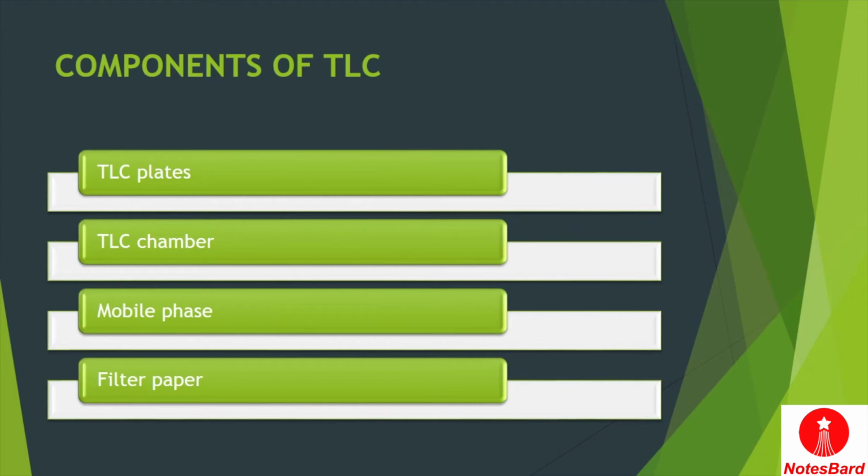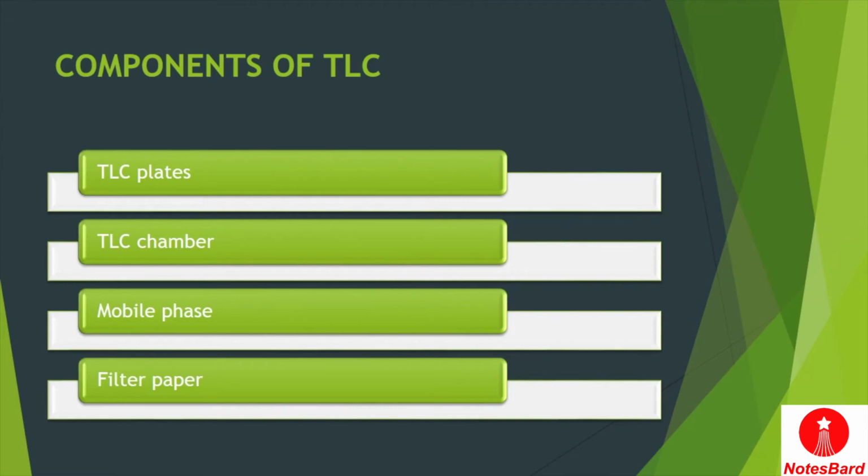Another component is the TLC chamber, also called the thin layer chromatography chamber. These chambers are used for the development of the TLC plates. The chamber maintains a uniform environment inside for the proper development of the spots of the sample mixture.